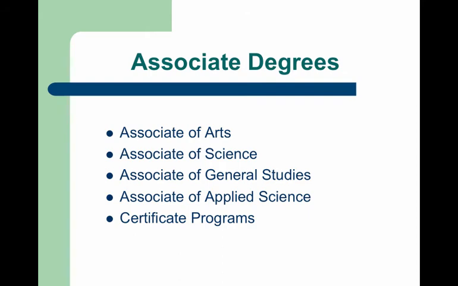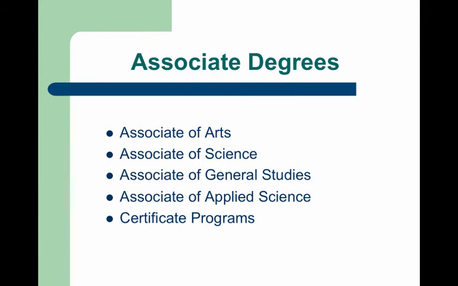Associate of Applied Science is our terminal degree. And what that means is you're going to go get a job when you leave here after you've completed that degree. We have several here on campus: criminal justice, several ag programs, early childhood, business administration, accounting, business information systems. There's several here on campus that you can complete applied science degrees in.